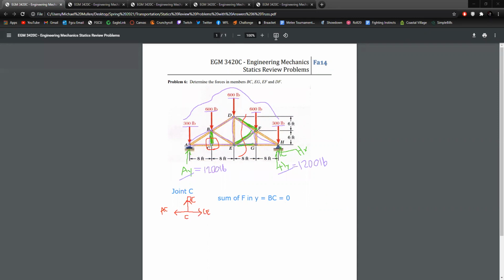So we can go ahead and write that this is 0, in blue. So that's our first answer: BC equal to 0.